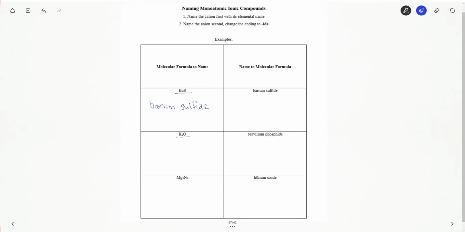My second example, my cation is potassium. I simply name it with its elemental name. Notice I do not have to specify that there are two potassium ions. I simply name it potassium. My anion in this case is oxygen, but I need to change that ending to IDE.